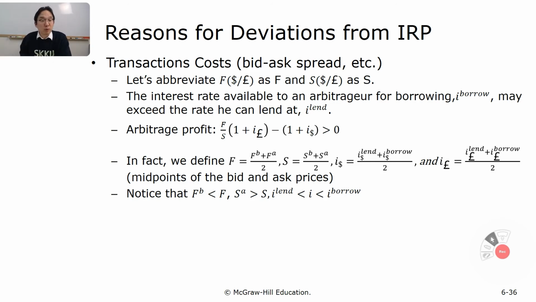The borrowing rate will usually be higher than the lending rate, right? When you go to the bank. And then the same thing for the British pound as well: lending rate plus borrowing rate, something in between. The midpoint is i sub pound. These are midpoints of the bid-ask prices, and notice that this inequality relation holds, right?